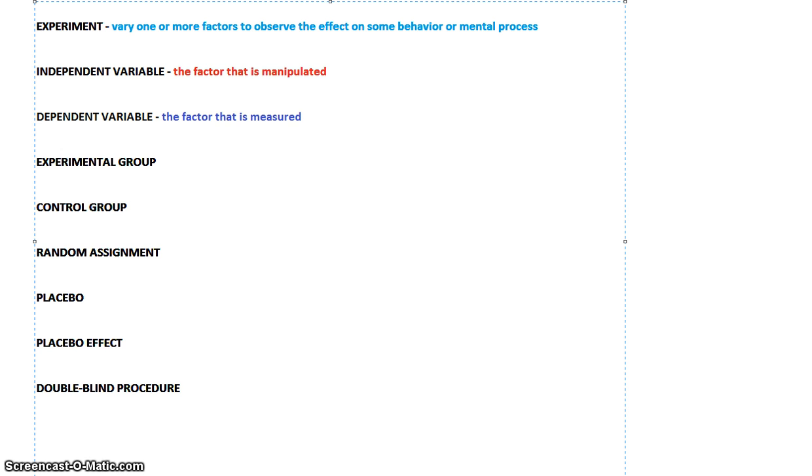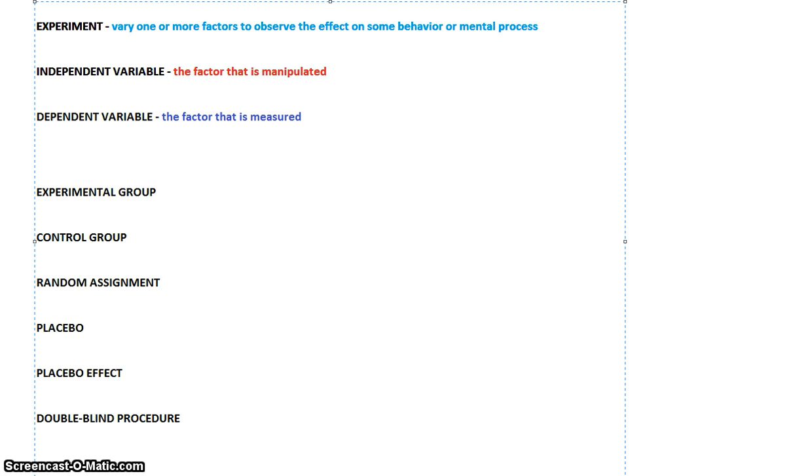The easiest way to tell the difference between the independent and the dependent variable is to use the phrase, does blank have an effect on blank? What goes into this first blank is going to be your independent variable, and what goes in the second blank is going to be the dependent variable.